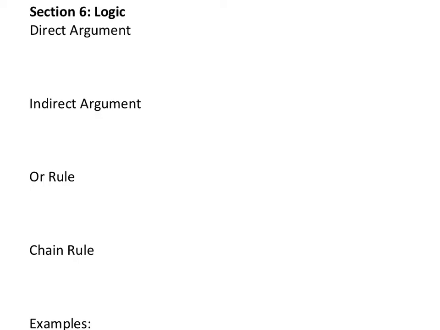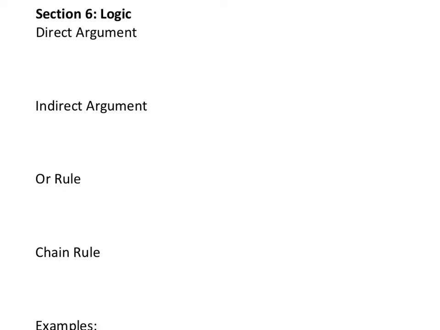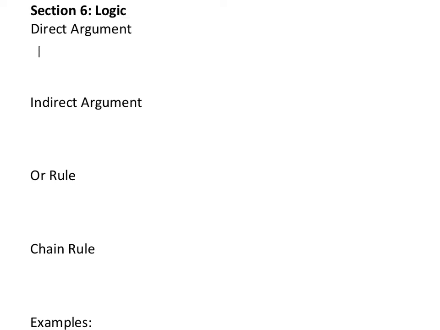The first one is a direct argument. So this regards the statements of if something, then something else, which we've talked about before, but I'll write it in words. It's if P, then Q. Now, say P is true.